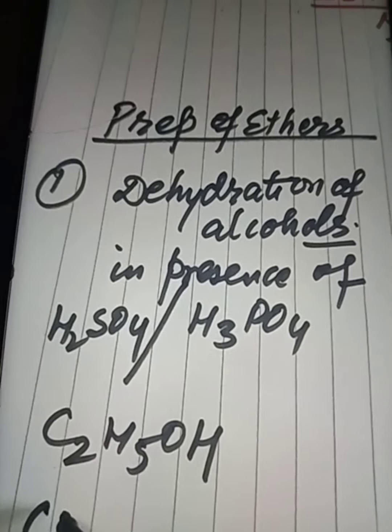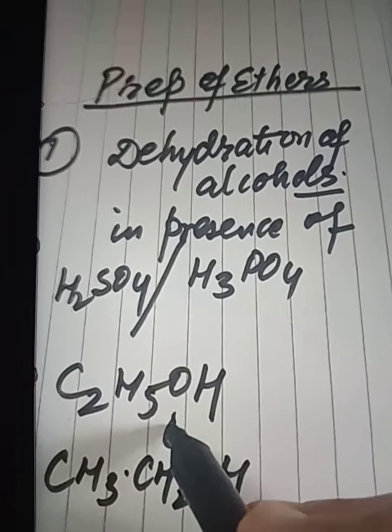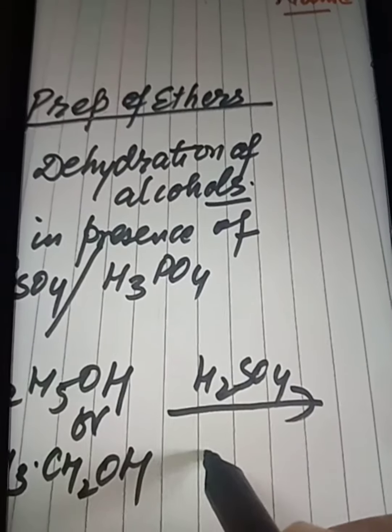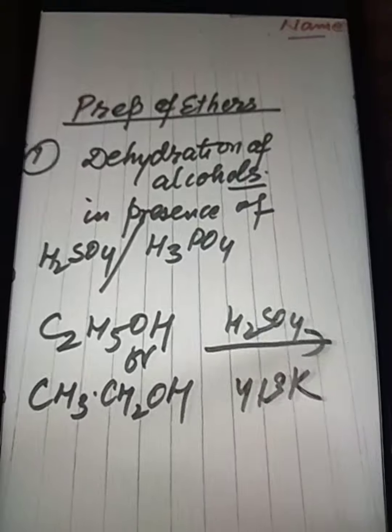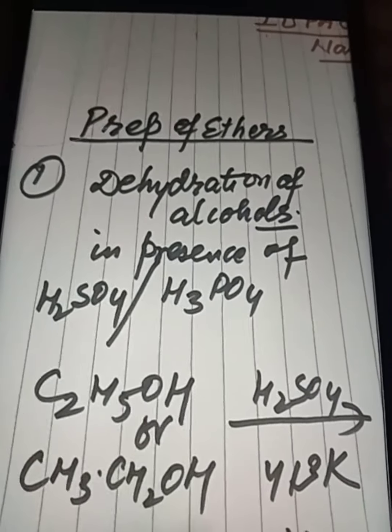You may write C2H5OH, you may write CH3CH2OH. On heating in presence of H2SO4 at 413 Kelvin, then we obtain ether, C2H5OC2H5. If we heat the same compound at high temperature, then instead of getting ethers, we obtain alkene. So the temperature conditions are very important.